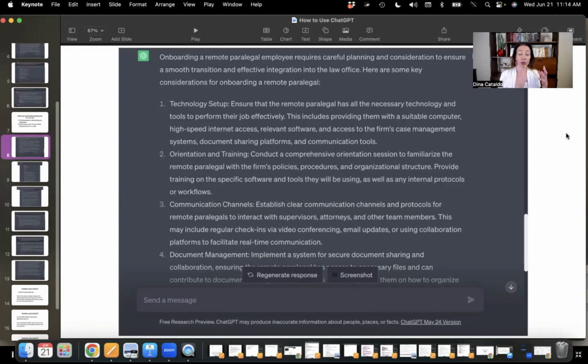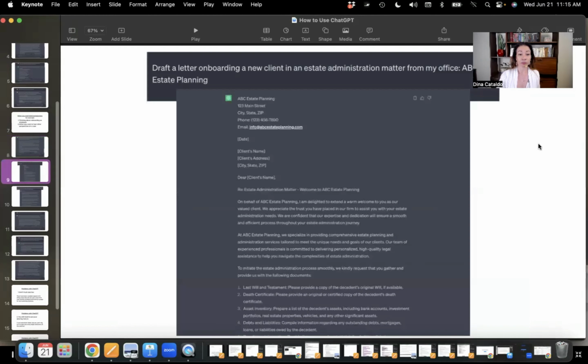Technology setup, and it explains further what to think about in terms of technology setup, orientation and training, communication channels, document management. And it just gave me a list with some more detail so that I can begin thinking about what exactly do I want to begin putting down on paper to help a remote paralegal employee start to be onboarded into my practice.